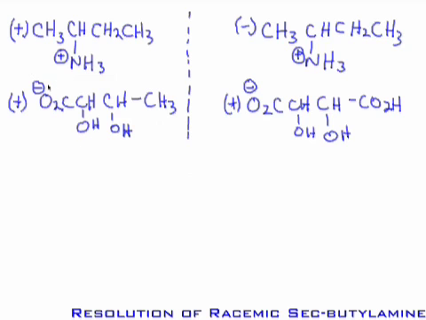And it turns out that the sec-butylamine that rotated light to the right, when combined with tartaric acid that rotates light to the right, produces a salt that is less soluble than the salt which has the enantiomer that rotated light to the left. Okay, this is more soluble.